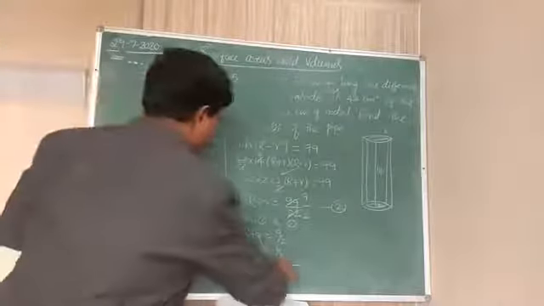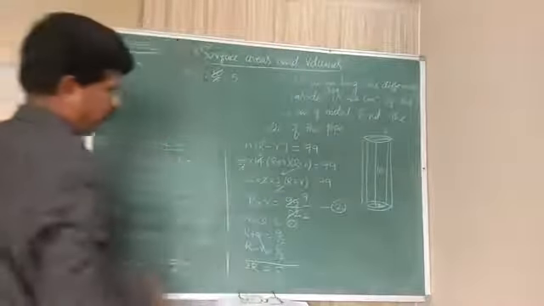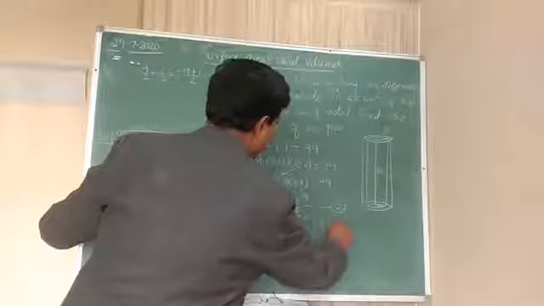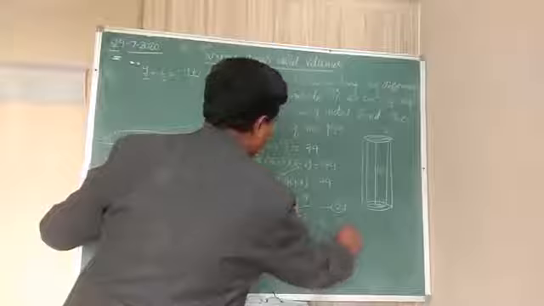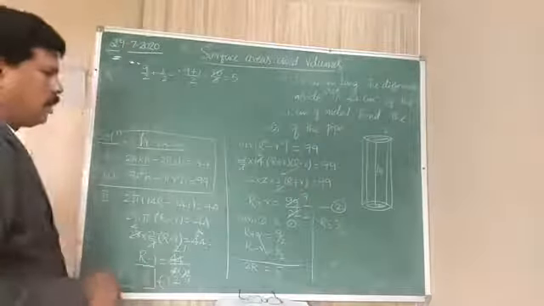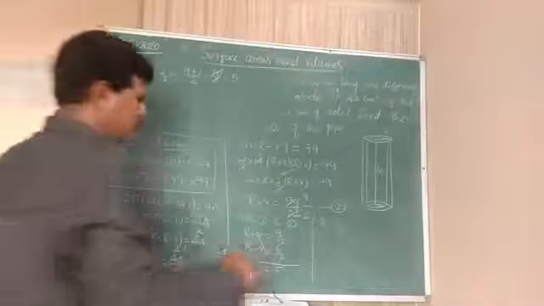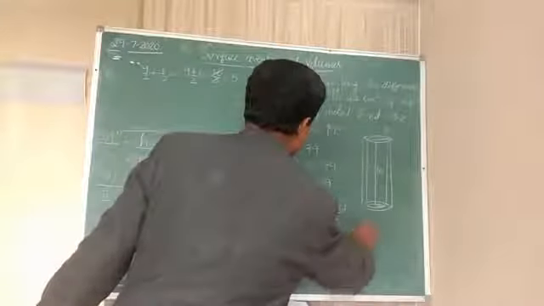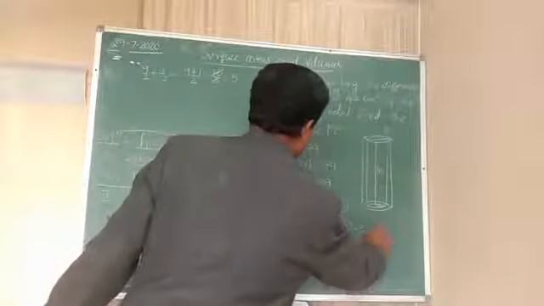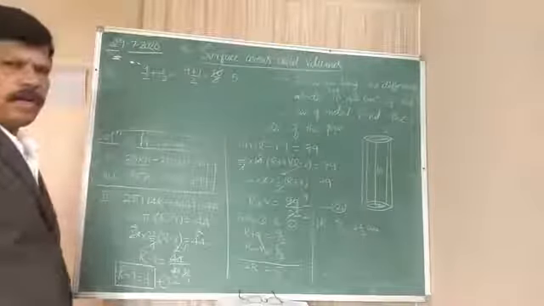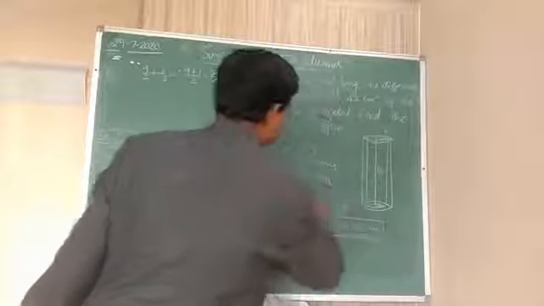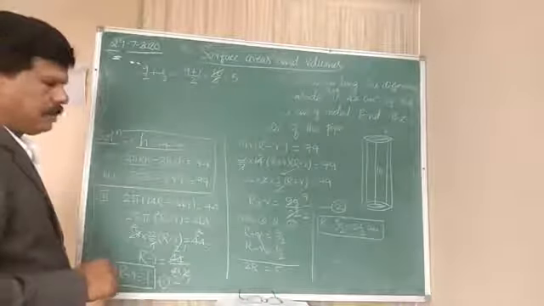So 2R is equal to 5, then capital R is equal to 5 by 2. That is equal to 2.5 centimeter. Capital R, that means the radius of the outer cylinder is 2.5 centimeter.